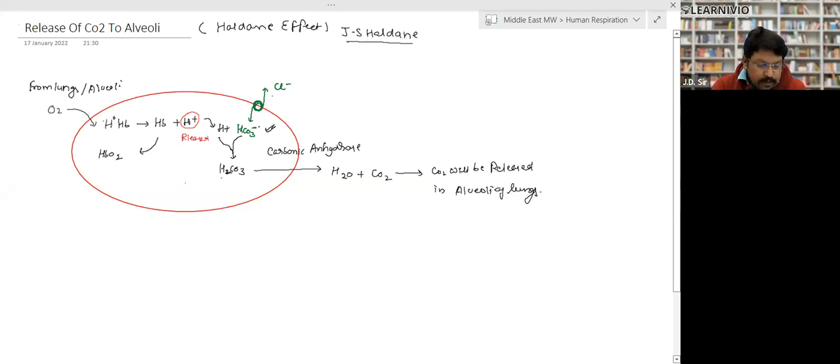Full stop. As a result, carbonic acid is split into H2O and CO2 in the presence of carbonic anhydrase enzyme, and CO2 is released to the alveoli of lungs.